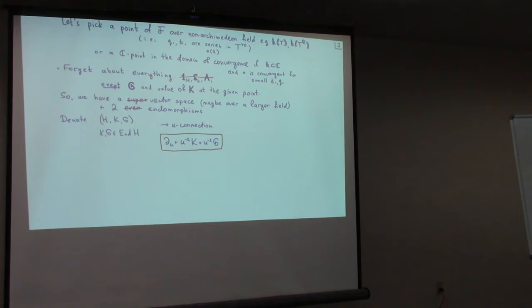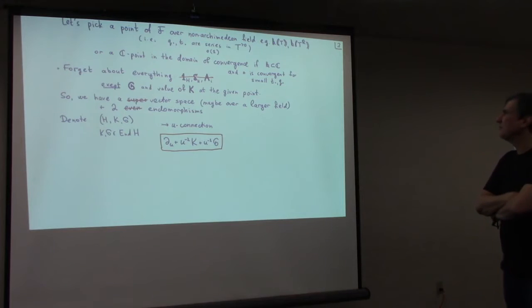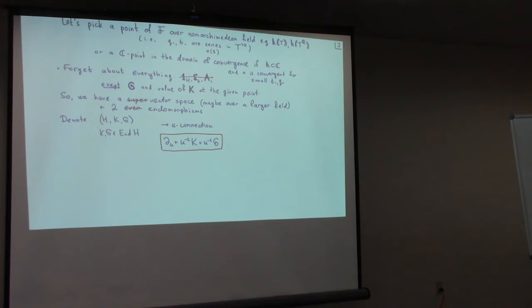Okay. Now let's pick a point of my Frobenius manifold over some non-Archimedean field. You can, for example, just substitute instead of variables Q, t, say, certain series in some variable capital T, some new dummy variable, which starts with positive powers of T. And powers could be integer, rational, real, as you like.